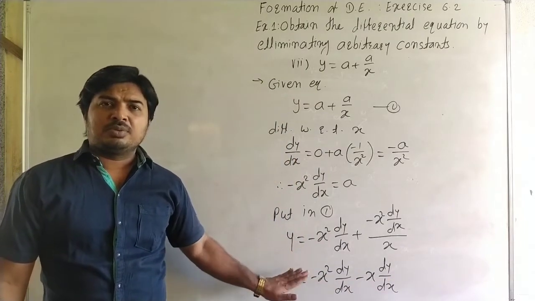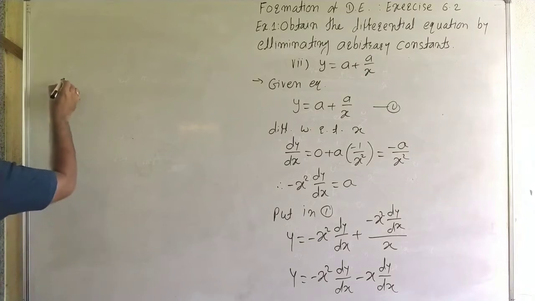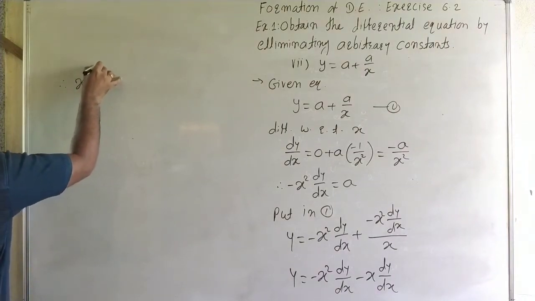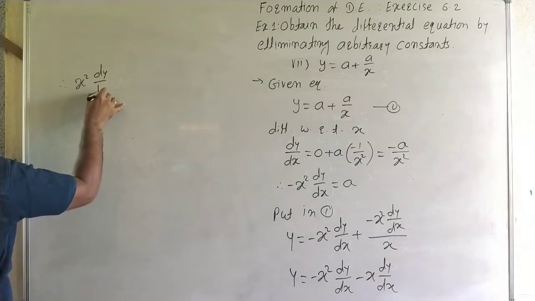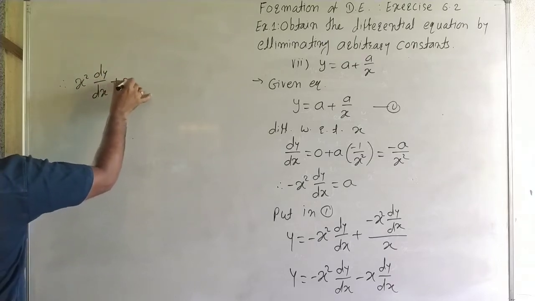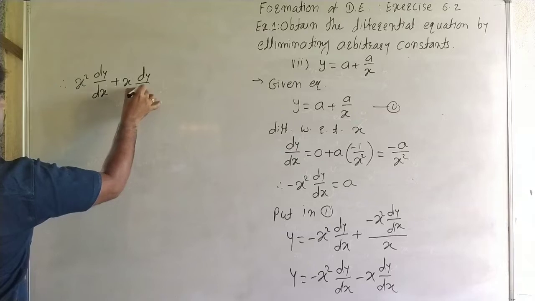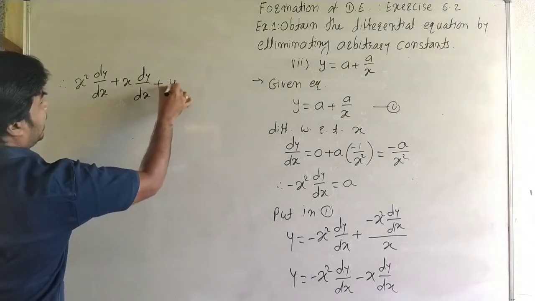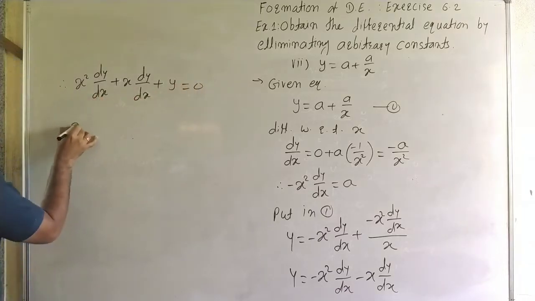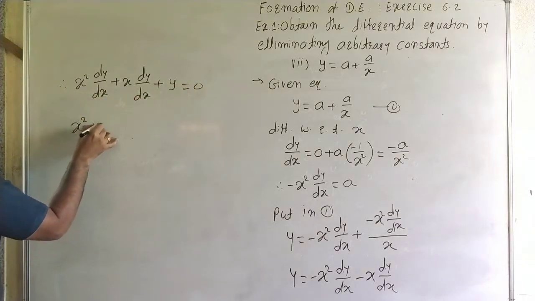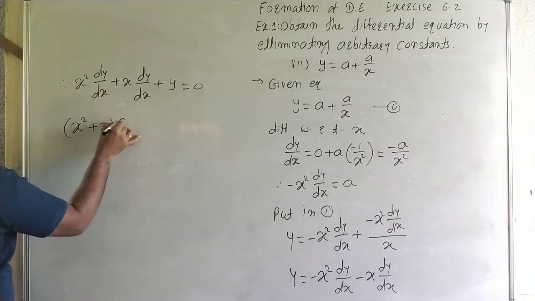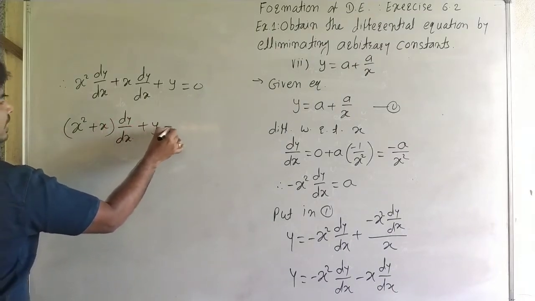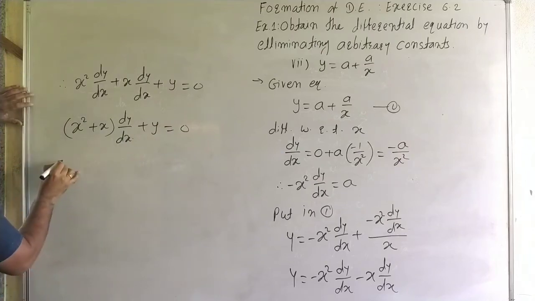It is our required differential equation, but we can write it in the form x square dy by dx plus x dy by dx plus y is equal to 0, and this can also be written as (x square plus x) dy by dx plus y is equal to 0, our required differential equation.